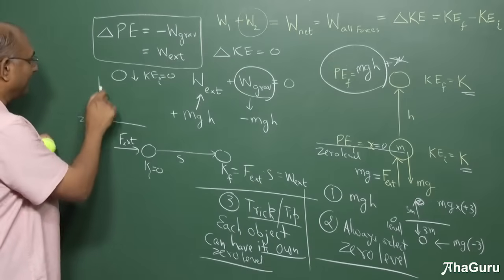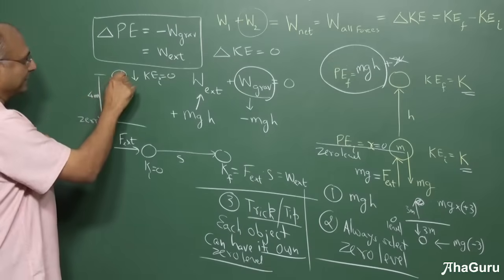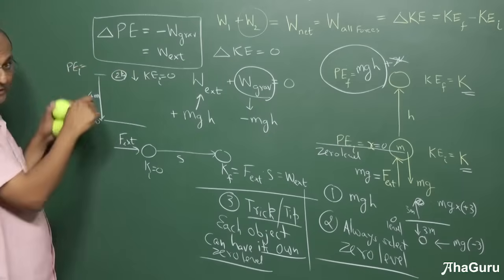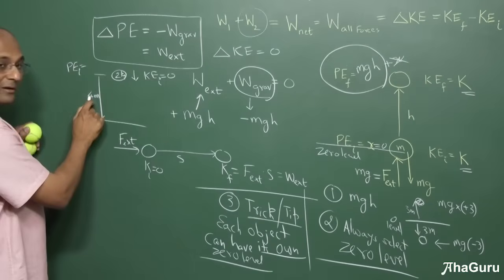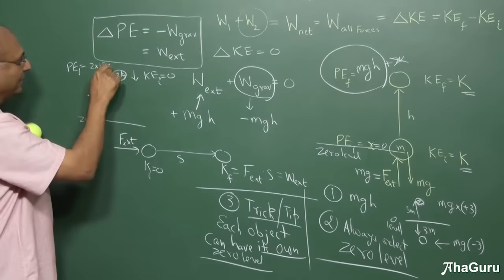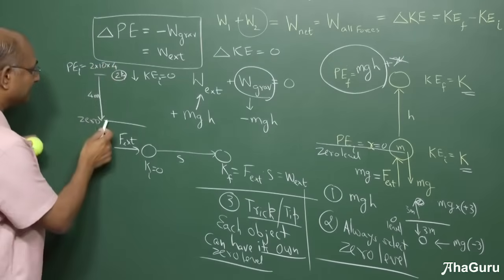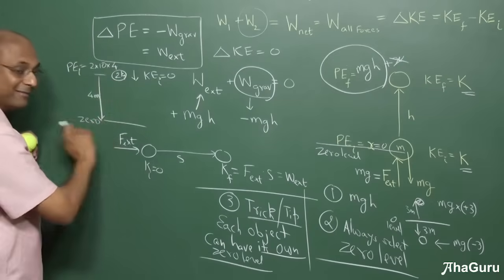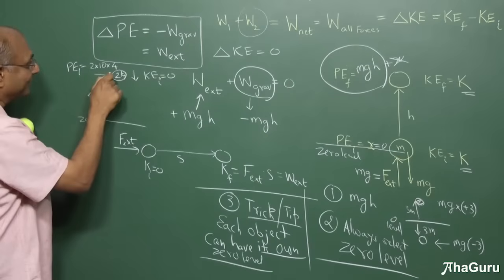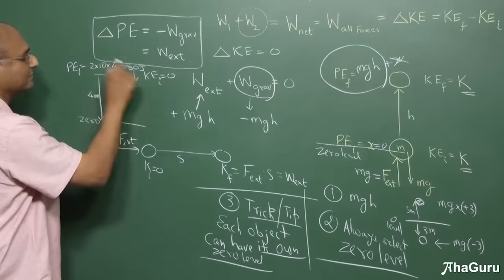If I make this the zero level, and let's say this was 4 meters, mass of let us say 2 kg, then initial potential energy will be how much? 4 is the height, mass is 2, g is 10 into 4. Should I say plus 4? Should I say minus 4? It is height above. This is my zero level. Height above. So therefore plus 4. So potential energy when it was there is 2 into 10 into 4, which is 80 joules.